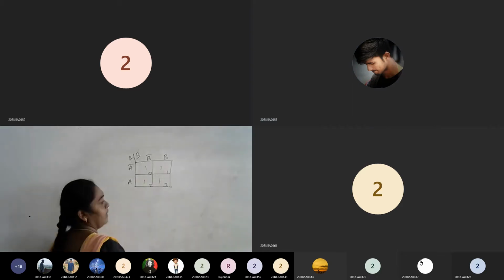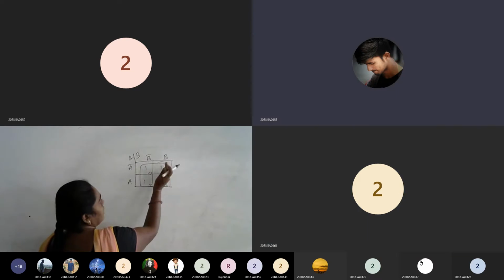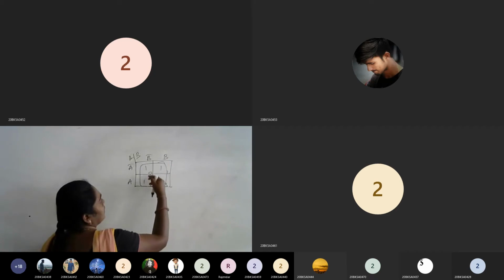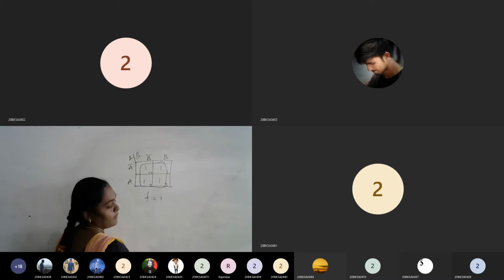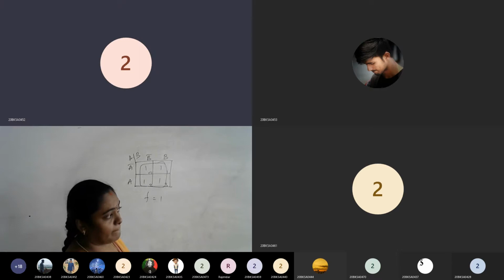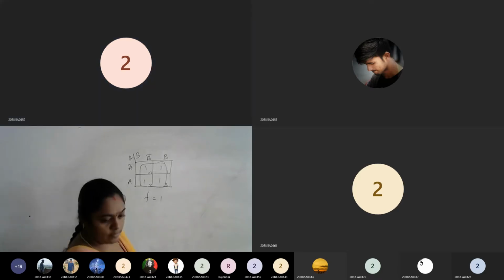So how many ones are there? 4 ones. So you can group all the 4 ones, because if you fold in this way, 1, 3 will be adjacent to 0, 2. If you fold horizontally, 0, 1 will be adjacent to 2, 3. So the expression is 1. Is it clear? Yes, ma'am. This is all about your 2 variable K-map.